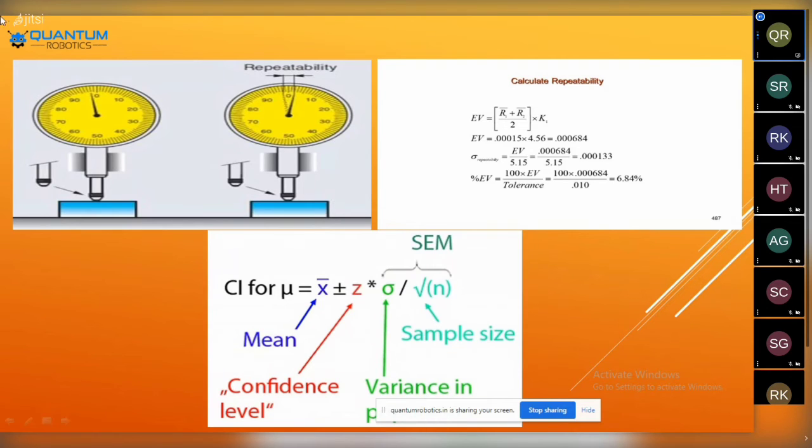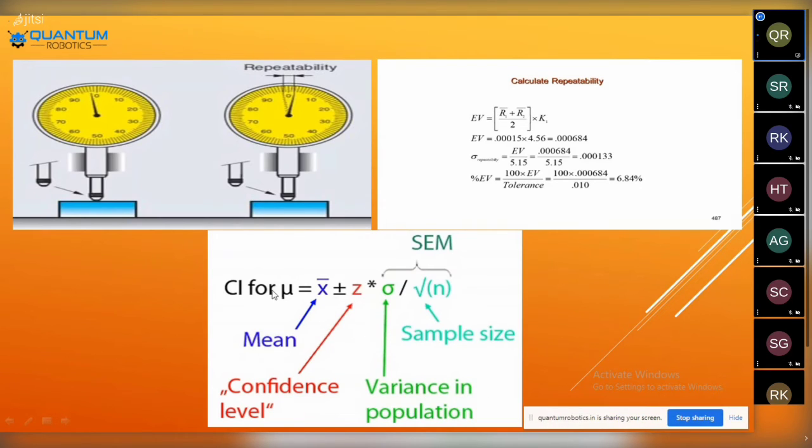And here you can see how it is going to be calculated in a particular variance of task. CI for mu is equal to x plus or minus z alpha by 2 times sigma by square root of n, and we are getting an individual sample.